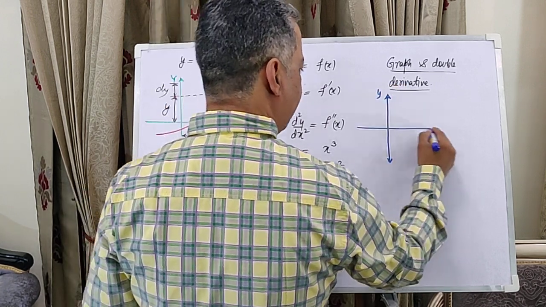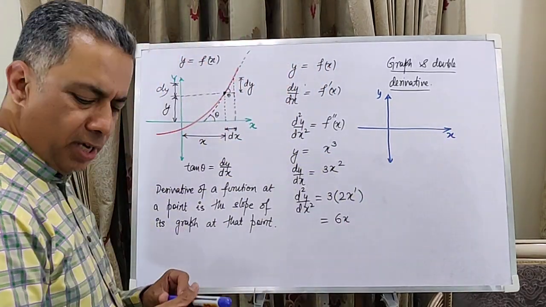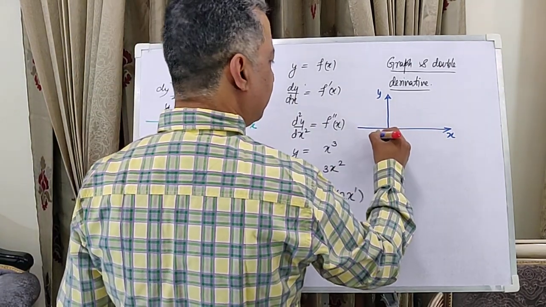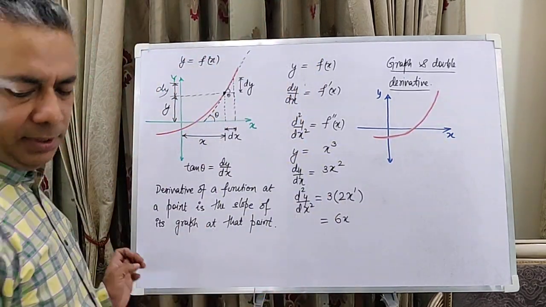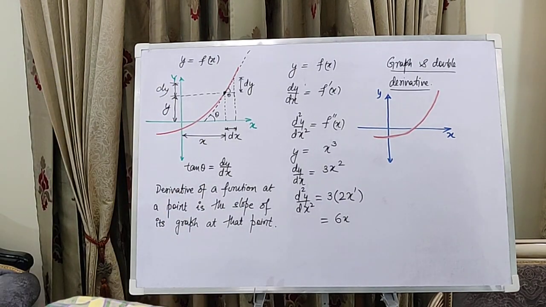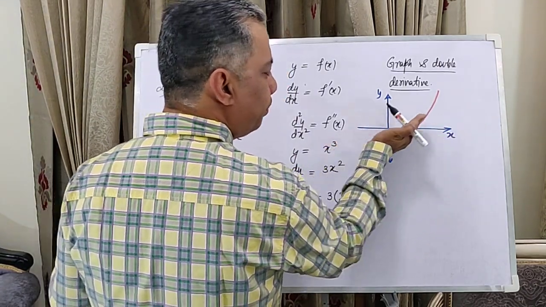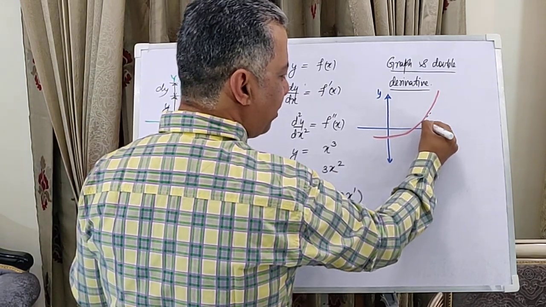So suppose this is a graph here. These are the x and y coordinate axes, and this is the graph of some function. Now, in this particular case, what you will easily be able to notice is that the slope is increasing. If you draw a tangent here, it comes out like this.